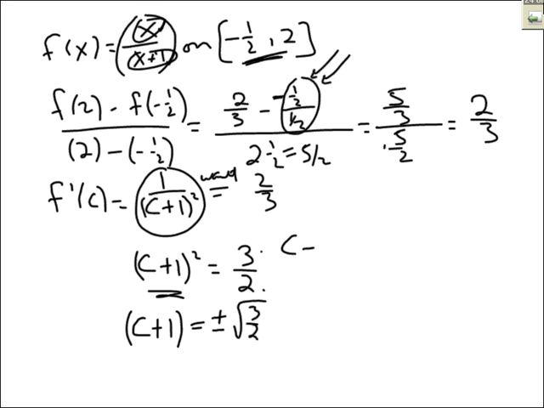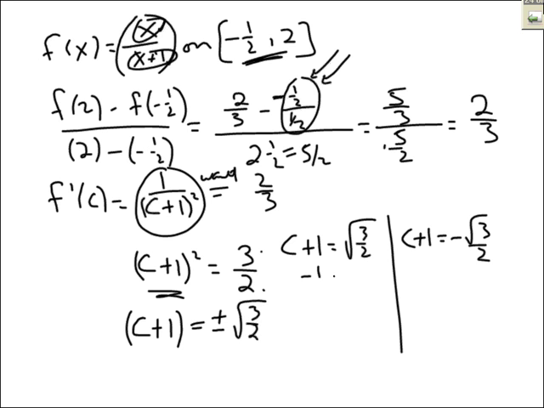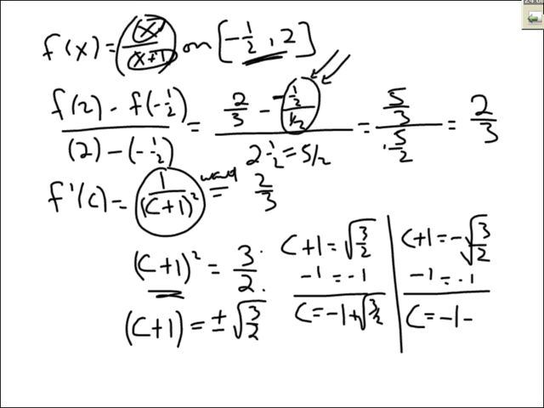So c plus 1 can equal radical 3 over 2, or c plus 1 can equal negative radical 3 over 2. Take away 1, you get c is equal to negative 1 plus the square root of 3 over 2. Take away 1, you get c is negative 1 minus the square root of 3 over 2. Okay.